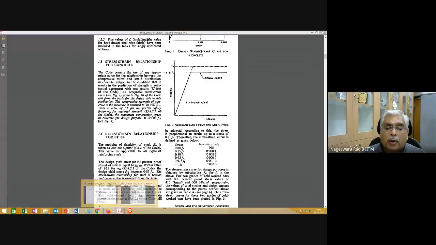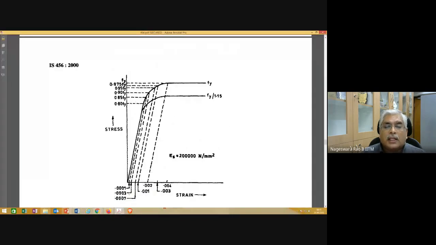So let's see that 0.8 Fy in the figure. Corresponding to 0.8 Fy, it is lying on the initial linear portion of the stress strain curve, so there is not going to be any permanent or inelastic strain. So corresponding to 0.8 Fy, inelastic strain is 0.